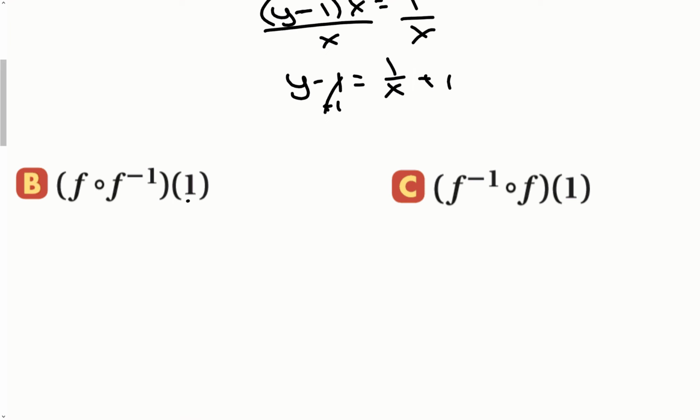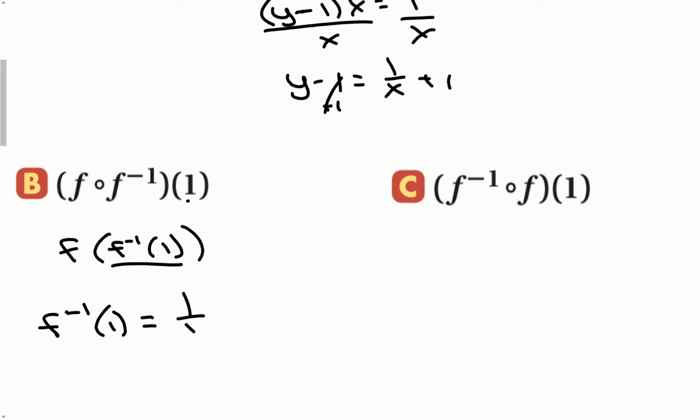So let's try it. We want to do f of f inverse of 1. I'm going to do f inverse of 1 first. f inverse was 1 over x plus 1. So that's 1 over 1 plus 1, which is 1 half.